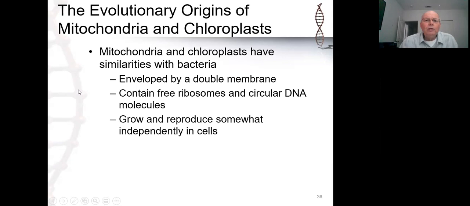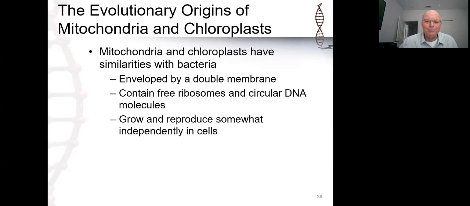So when we look at mitochondria and chloroplasts, one of the things that struck a biologist named Lynn Margulis back in the early 1970s was just how similar mitochondria and chloroplasts are to bacteria. The double membrane feature of mitochondria and chloroplasts is somewhat unique as far as organelles are concerned in cells.